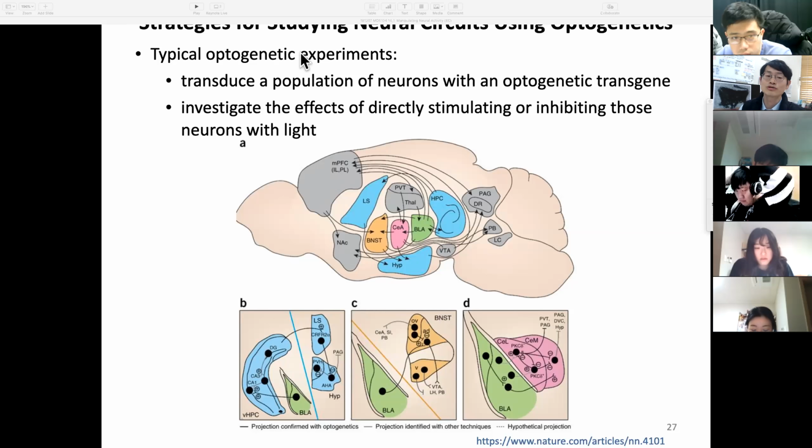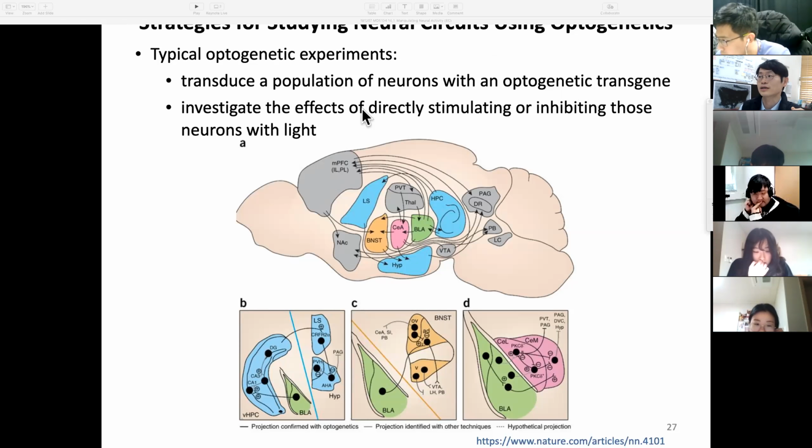Okay, so what do we use it for? Studying neural circuits using optogenetics. In typical experiments, you have to transduce a population of neurons with an optogenetic transgene. So you need to use a virus, and you need a stereotactic surgery to deliver these transgenes.